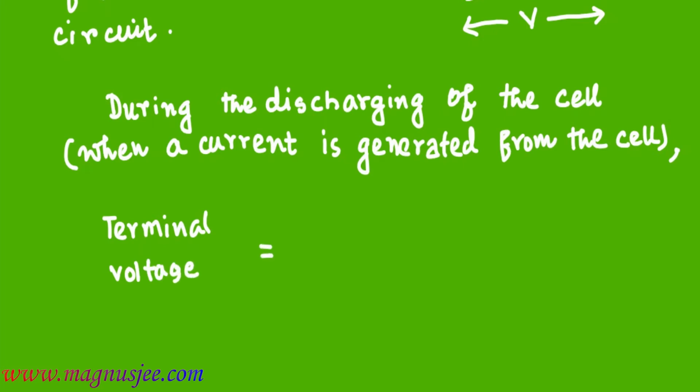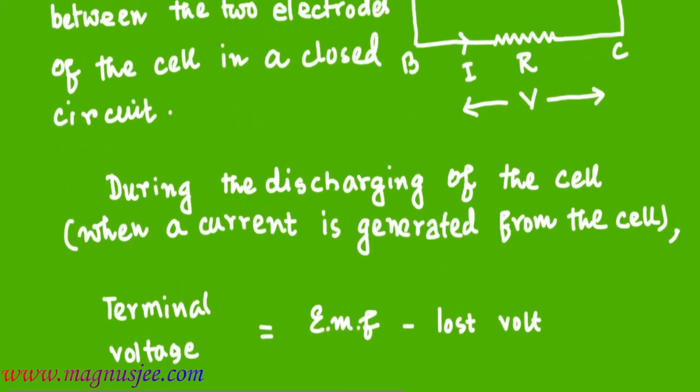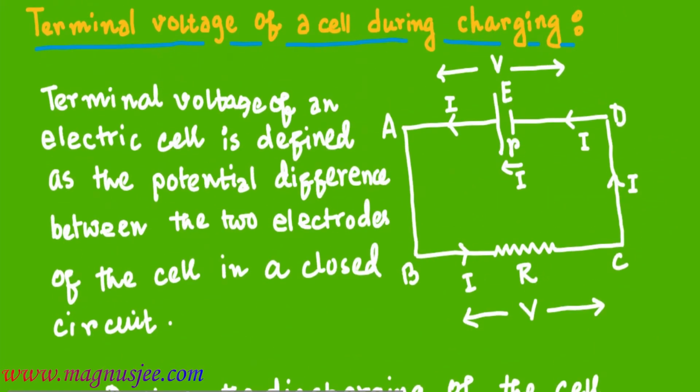Terminal voltage equals EMF, electromotive force of the cell, EMF minus lost volt. Some amount of voltage will be lost due to the internal resistance r.